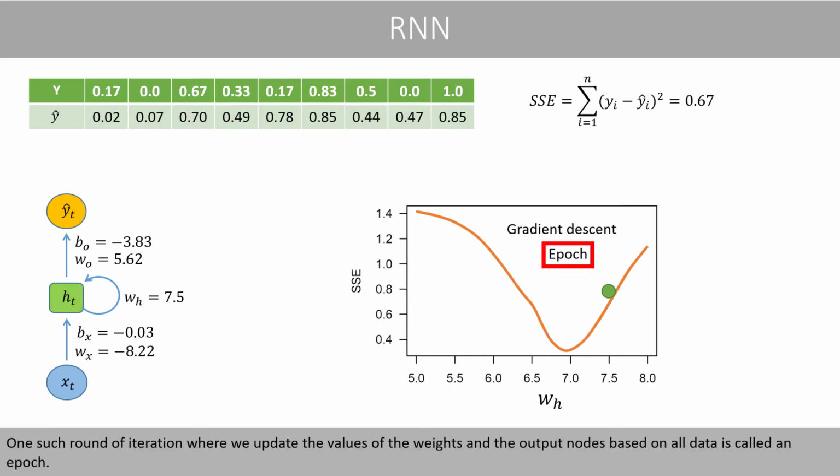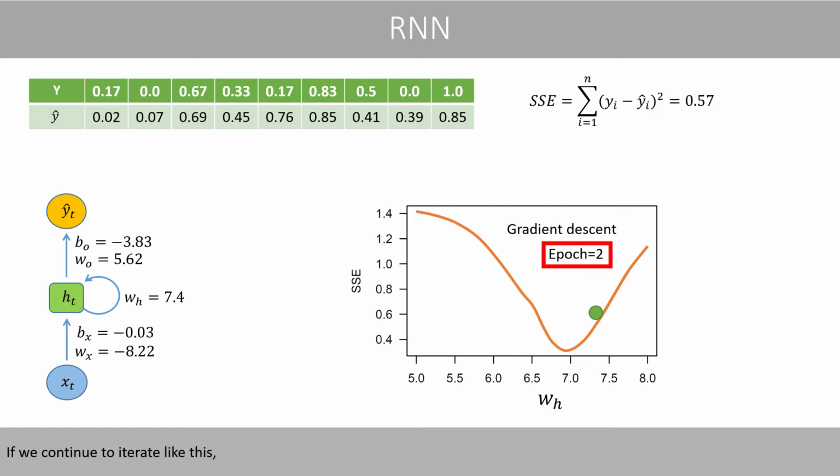One such round of iteration where we update the values of the weights and the output nodes based on all data is called an epoch. If we continue to iterate like this, we will sooner or later reach the minimum value of the error function.